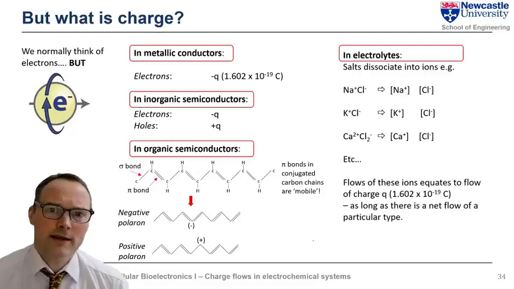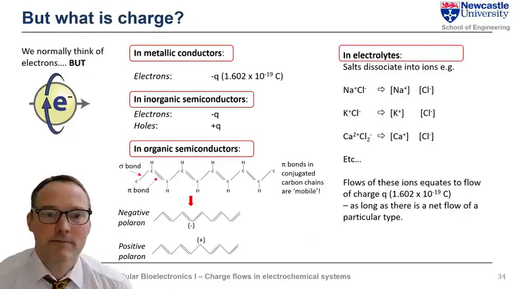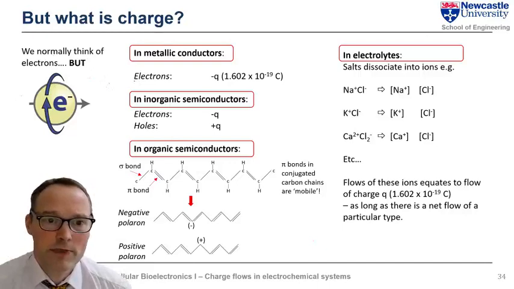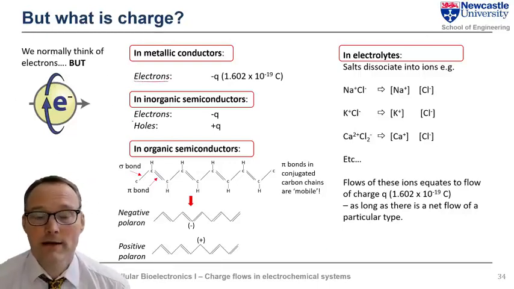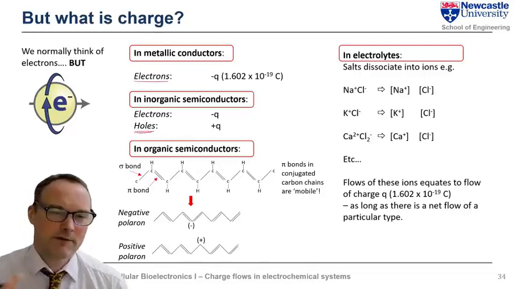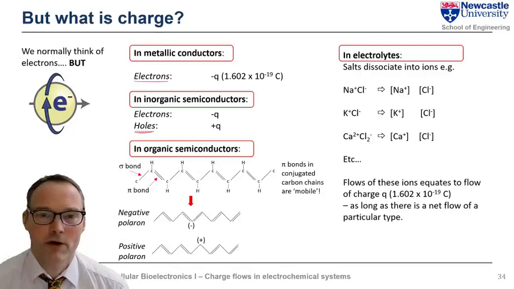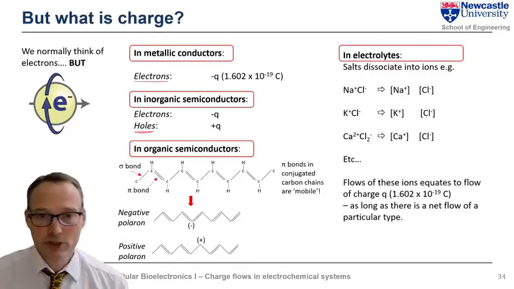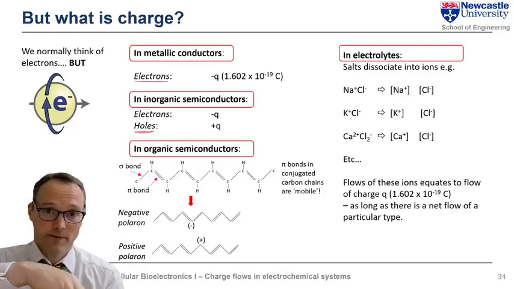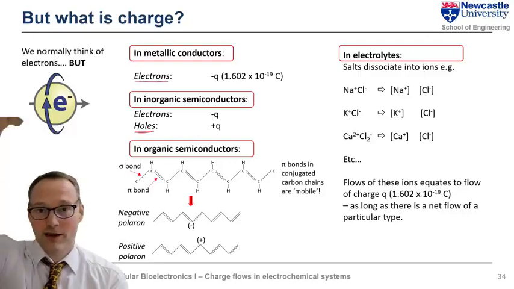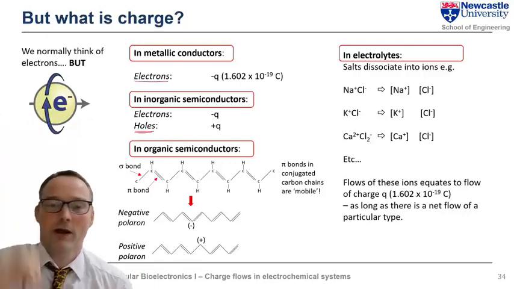However, it's not that simple. So normally in metals we think of electron movement, but in semiconductors we also have this concept of holes, which is a bit of a strange concept if you haven't come across it before. Conceptually, you can think of a hole as where an electron shifts from the valence band up to the conduction band and leaves this gap, this hole behind it.